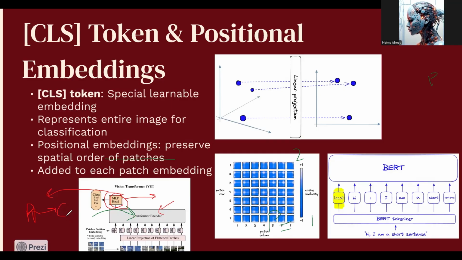CNNs have built-in properties like locality, neighborhood structure, and translation invariance. But Vision Transformer doesn't have these because it only learns spatial relations from the data. So you have to give more data, which means ViT needs larger datasets to perform well.